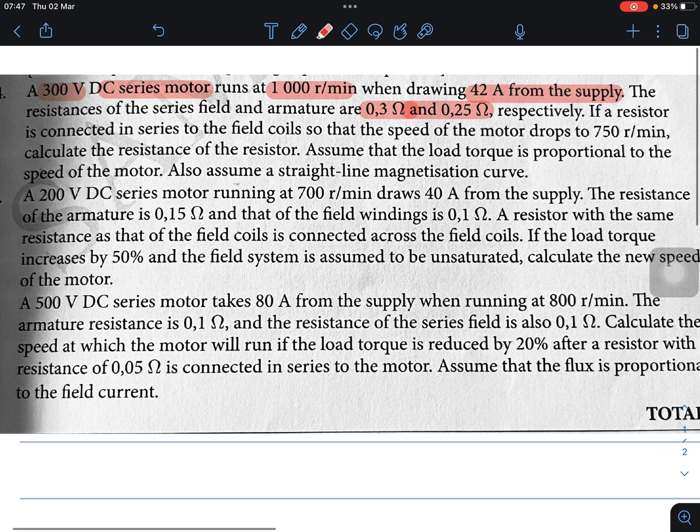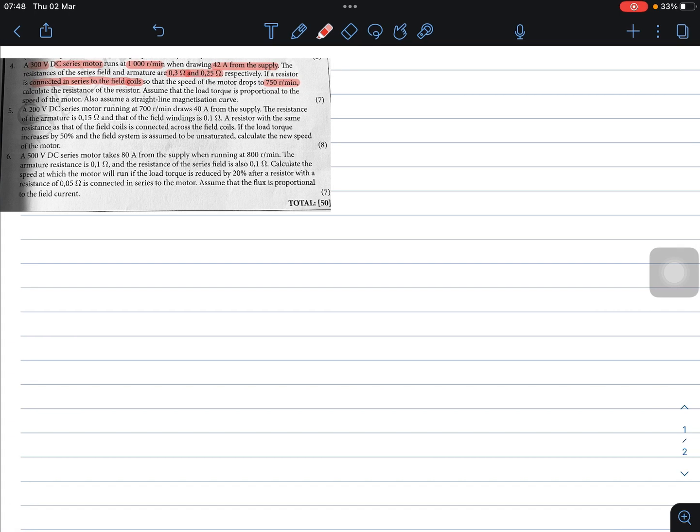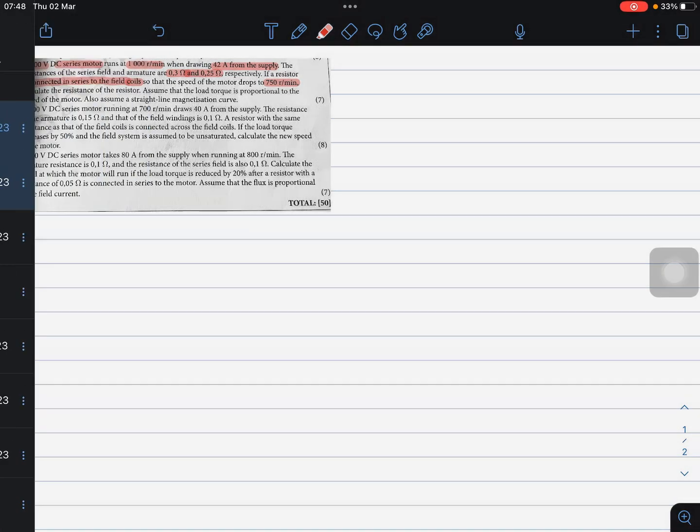And if a resistor is connected in series with the field coil, remember this now, so that the speed of the motor drops to 750. But remember, when we want to reduce the speed of a series motor, I've shown you, we connect a resistor in series. For example, let me go back here.